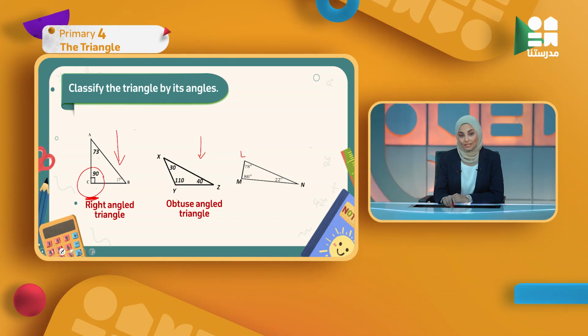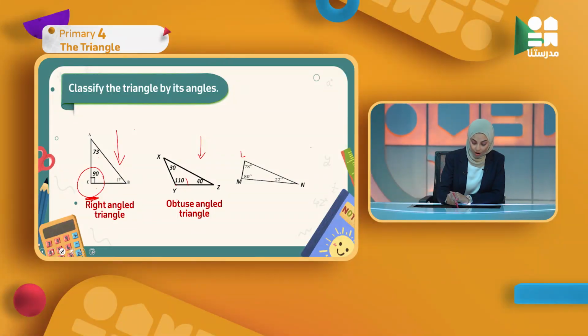Angle Z equals 40 degrees. Is 40 less than 90 or greater than 90? Yes, 40 is less than 90, so it is an acute angle. We found that X and Z are two acute angles.